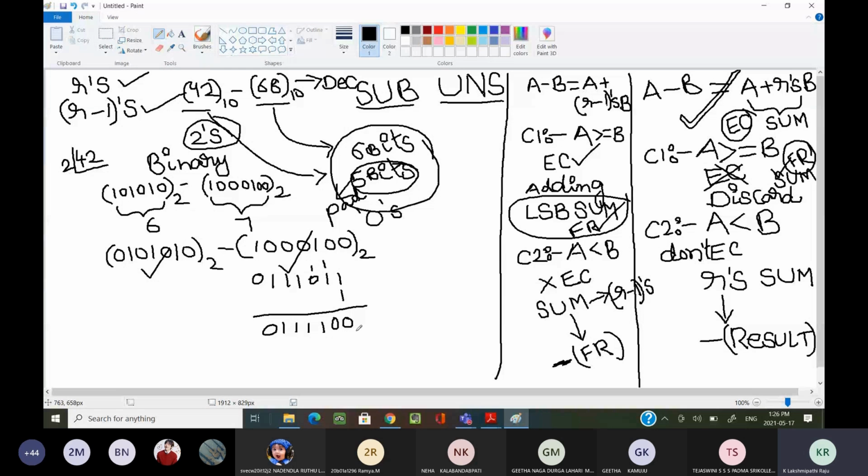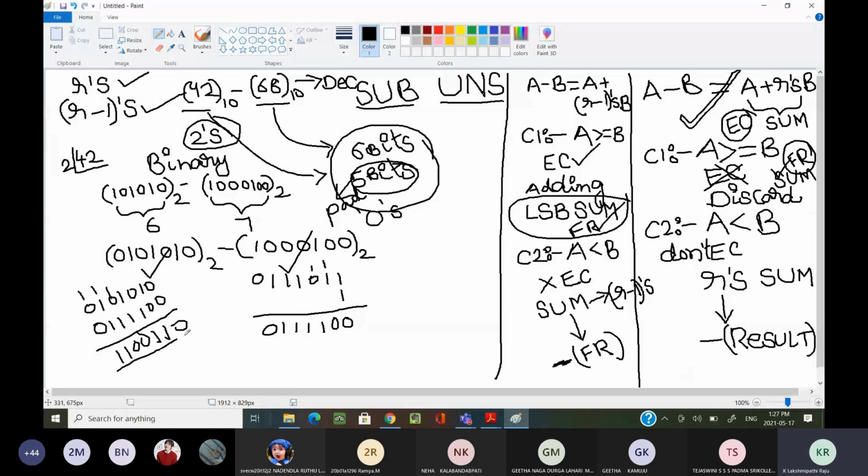Now I am adding this to my minuend, 0101010. This is the result I am getting: 0111100 plus 0101010 gives 1100110.